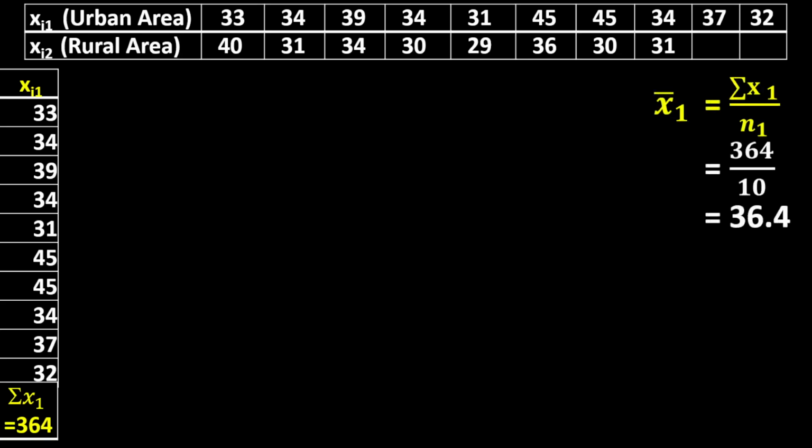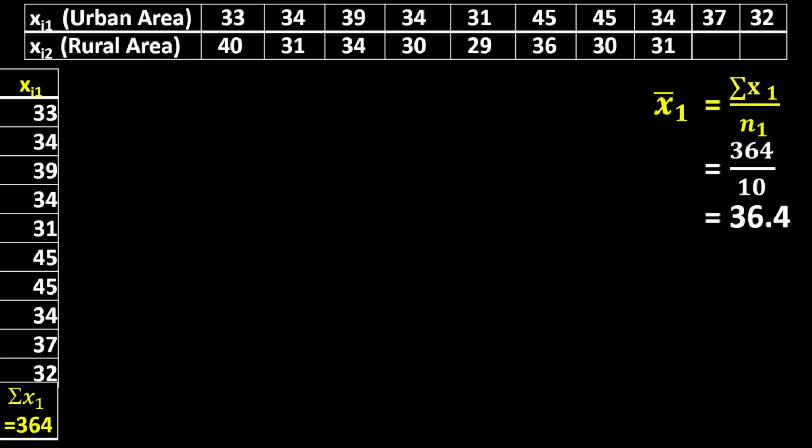X bar 1, the mean of urban area, is sigma x1 upon n1. Sigma x1, the sum of the scores of urban area, is 364, and n1, the number of observations in urban area, is 10. Now dividing 364 by 10, we will get 36.4. This is the mean of urban area.